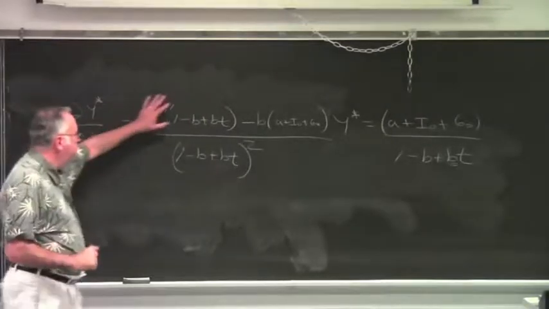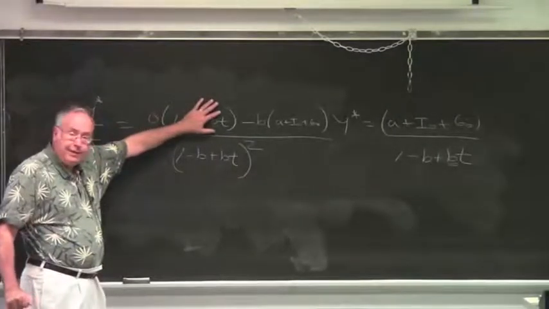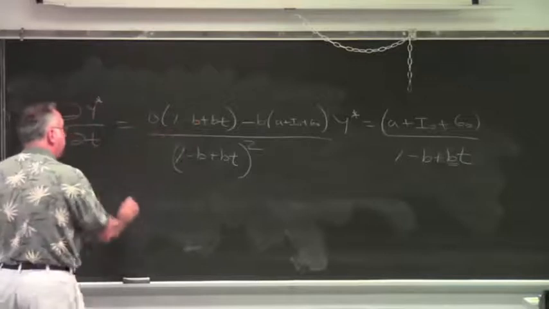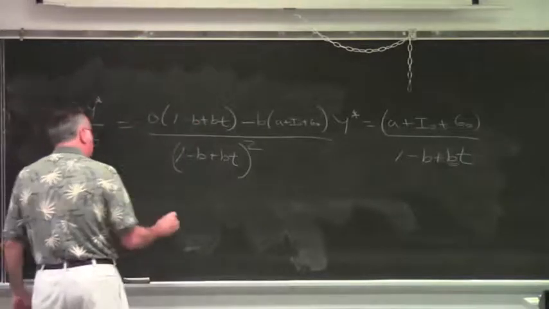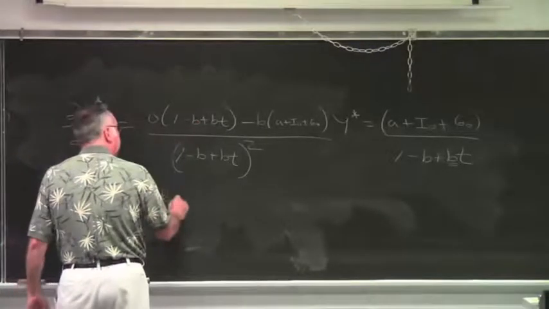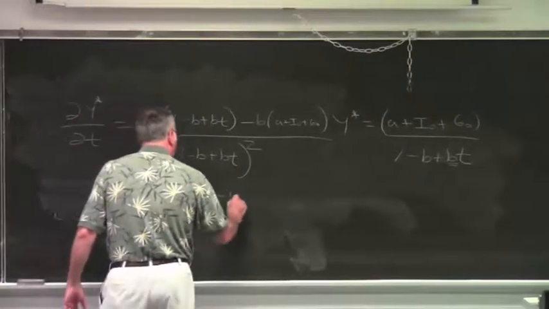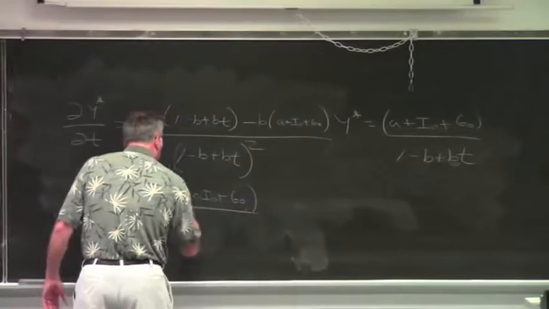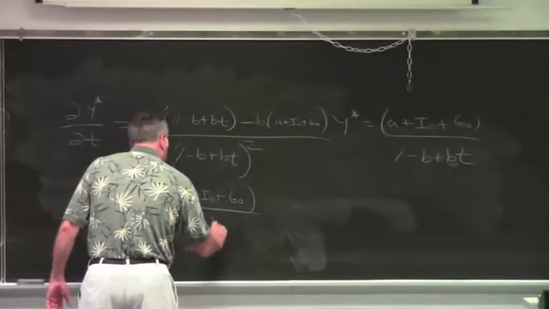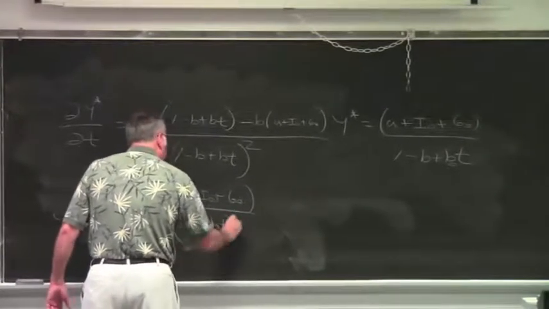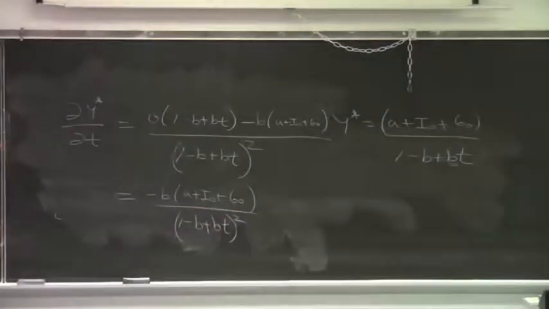And if we take into account that this is just 0, it becomes equal to minus b times... and suppose we wanted to write this in terms of y star, what would it be?